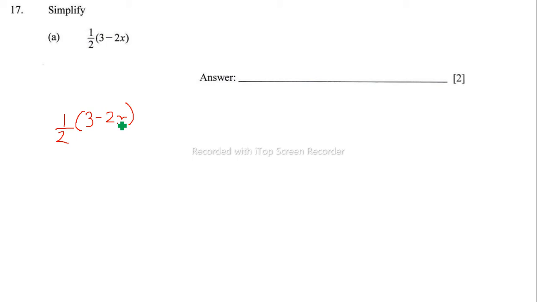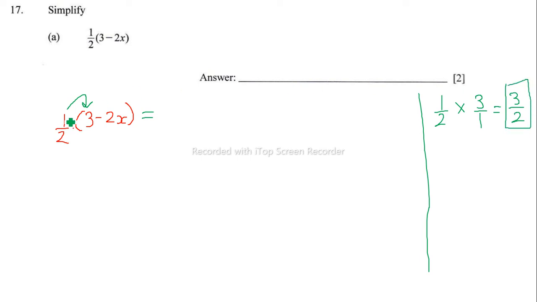So we multiply 1/2 by 3, which is 3 over 1. 1 times 3 is 3, and 2 times 1 is 2. So 1/2 times 3 is 3 over 2.